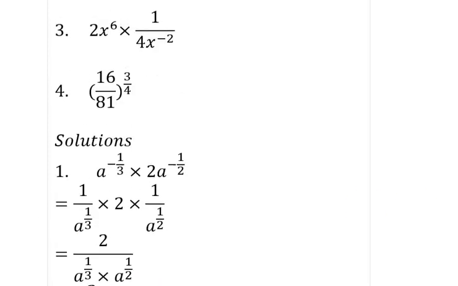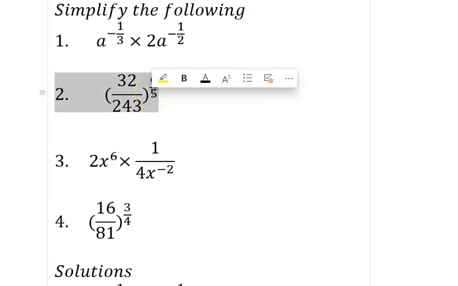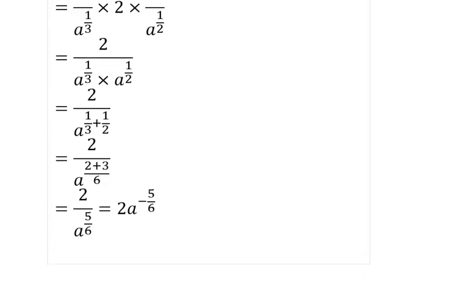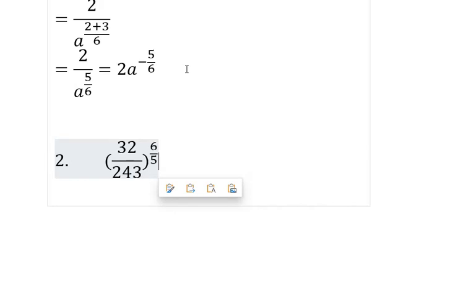So let's dive straight to question number 2. Awesome. Now, this question number 2 says 32 over 243, all raised to power 5 over 6.